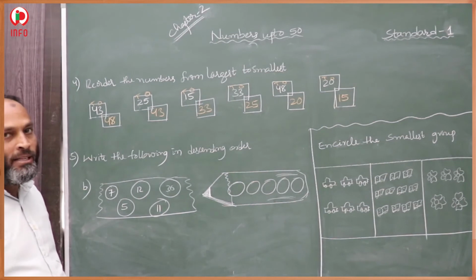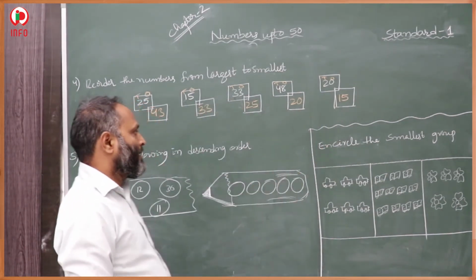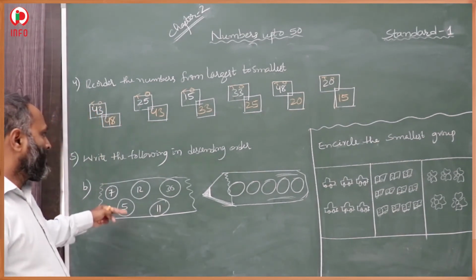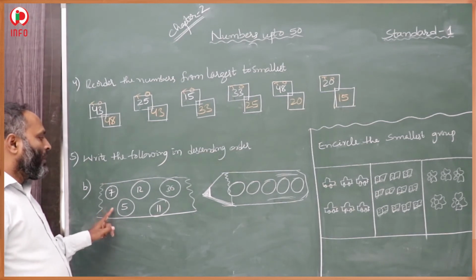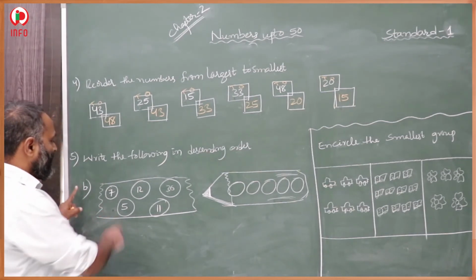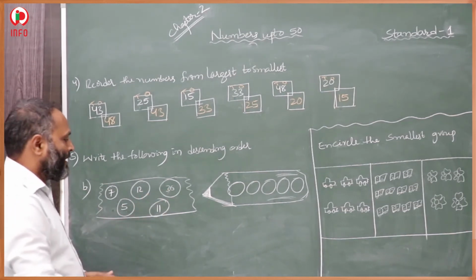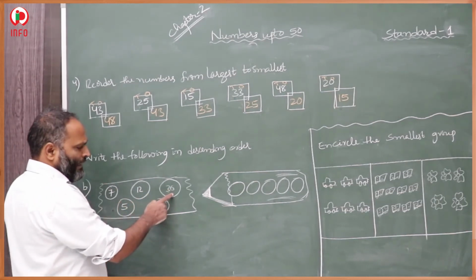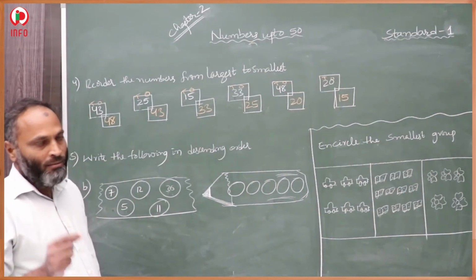Descending order means decreasing order. Decreasing order means from largest to smallest we have to arrange. First we have to arrange the largest one. Here 7, 5, 12, 11 and 36. 36 first. We check the double digit numbers, because double digit numbers are the larger numbers.